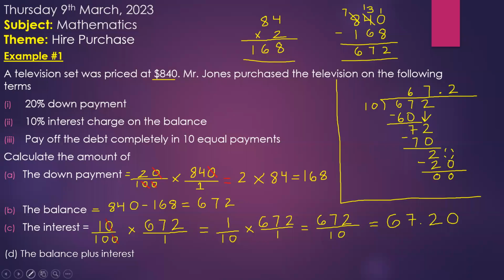All right, so to figure out the balance plus the interest, what is our balance? We saw the balance is 672. And what's the interest? 67.20. To figure out the balance plus the interest, we're going to add the two.